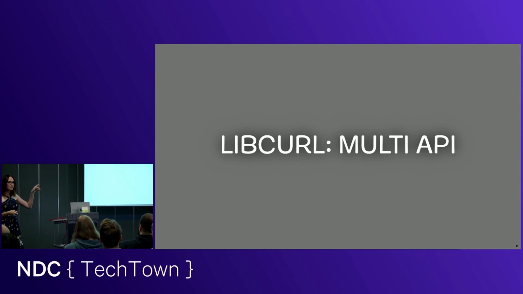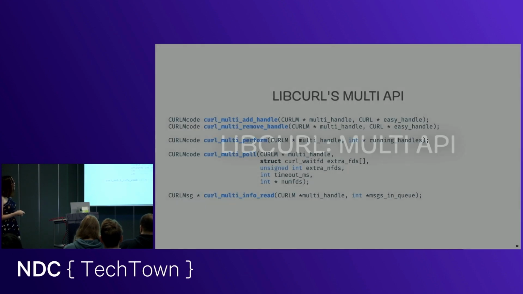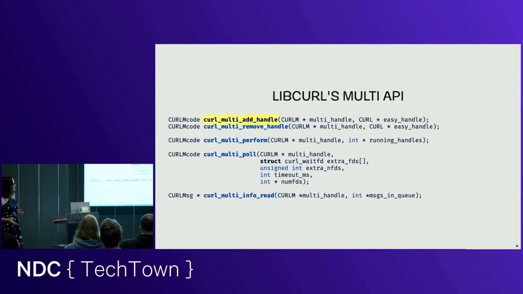And for that, I'm using the curl multi API. How many of you use the multi API? Yeah, 1 person? 2? Okay. The easy API is really easy because you just create a handle, do some perform, and wait for it. With the multi API, you can add the easy handle inside of a multi-handle.